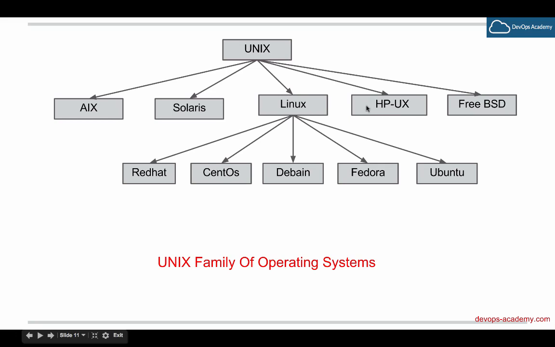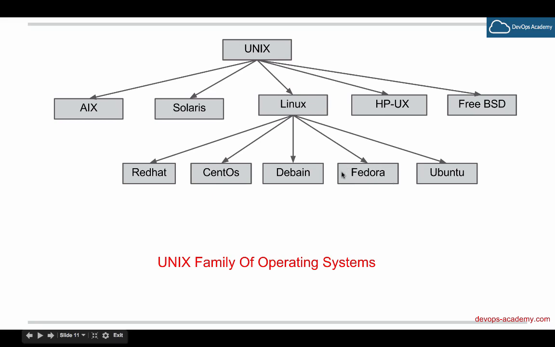So HP Unix. Hewlett Packard has its own version of Unix based operating system, HP-UX. FreeBSD is another type of Unix based operating system. So in Linux there are other flavors of operating systems called Red Hat, which is developed by the company called Red Hat, CentOS, Debian, Fedora.